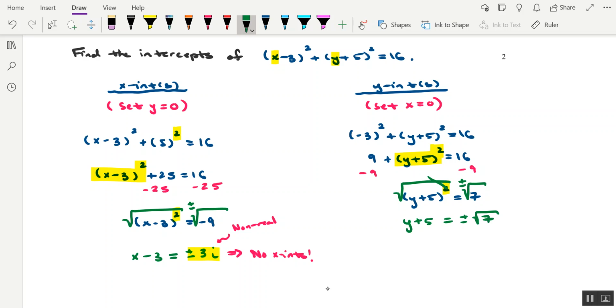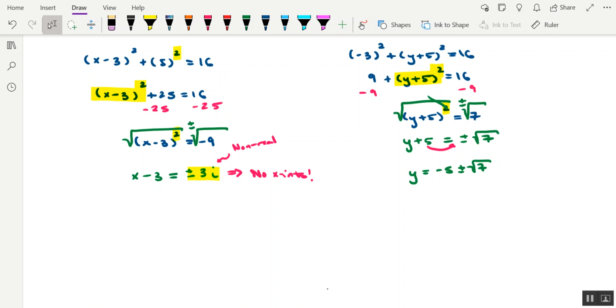In fact, the fact that we're square rooting a positive number instead of a negative number indicates that we actually have y-intercepts. We're not quite ready to state what they are until we move this positive 5 from the left over to the right-hand side. And here's how you want to write this. y = -5 plus or minus the square root of 7.